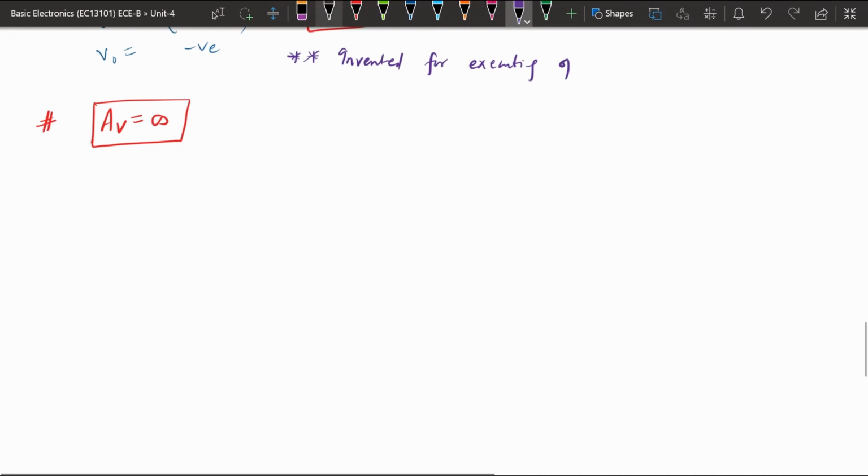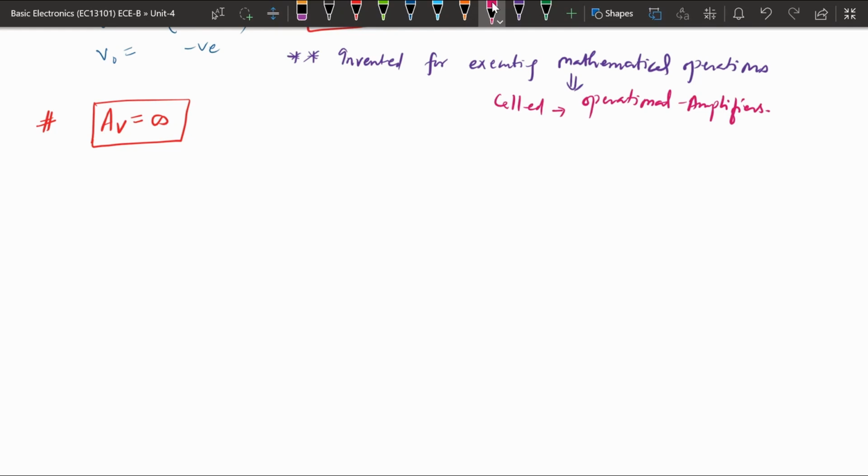It was just used for mathematical operations like addition, subtraction, multiplication and logarithmic functions. So these are different applications of the operational amplifier. Basically it was invented for those mathematical operations only. That's why it was called operational amplifier.